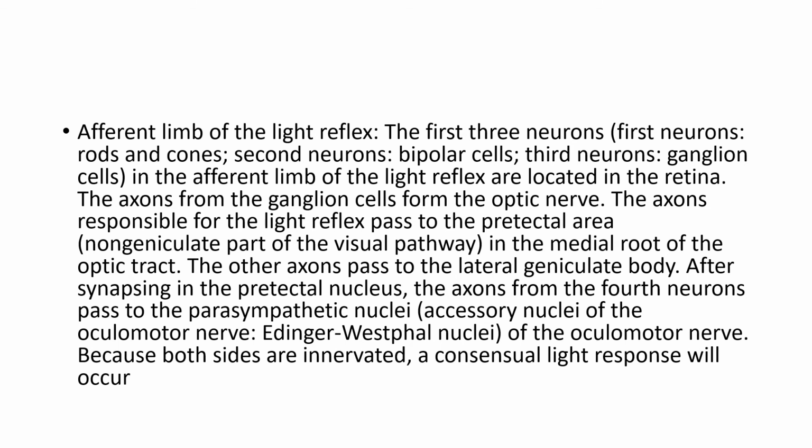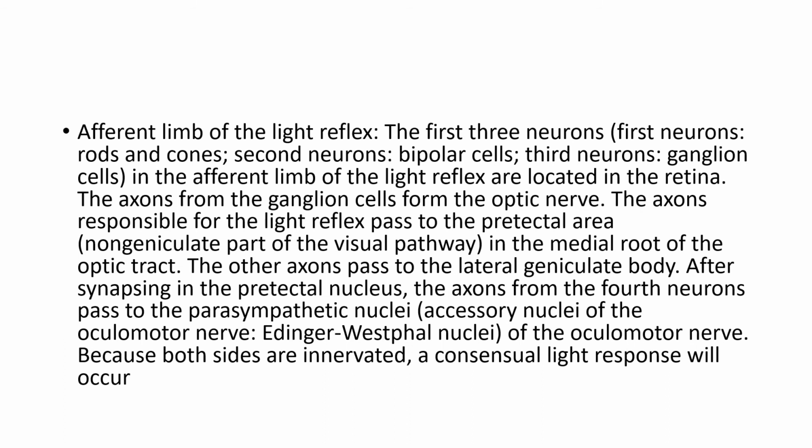The axons from the ganglion cells form the optic nerve. Axons responsible for the light reflex pass to the pretectal area, or that non-geniculate part of the pathway, in the medial root of the optic tract. The other axons pass to the lateral geniculate body after synapsing in the pretectal nucleus.